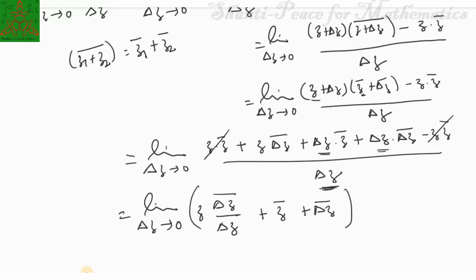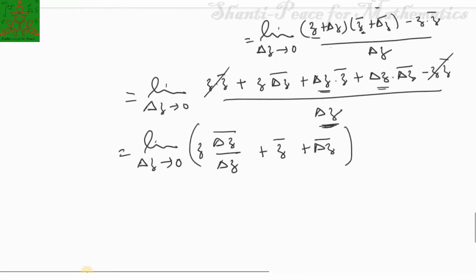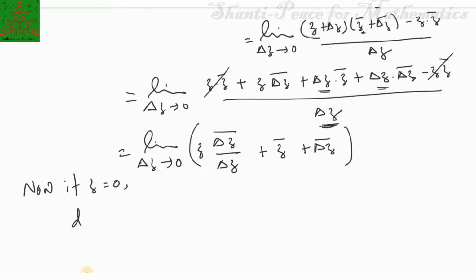Now at point 0, if you consider z is 0, then dw upon dz at z equal to 0, you will have the limit as delta z tends to 0.